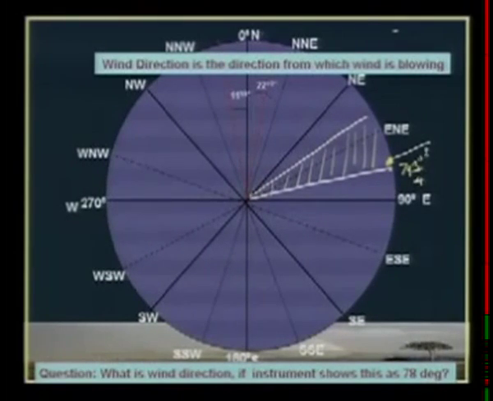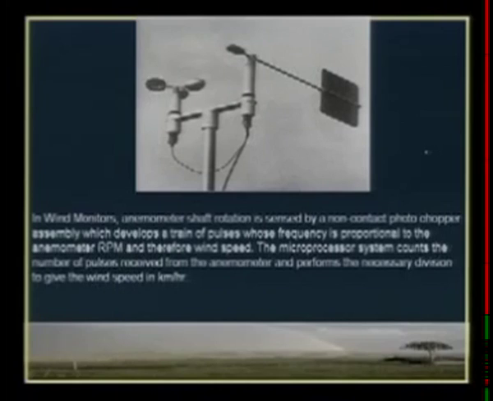Let's go to the next slide. Now we are talking about the measurements. What you see on your screen is a photograph of a wind measurement system. This side, which I'll circle, is called a wind anemometer, and it measures wind speed.